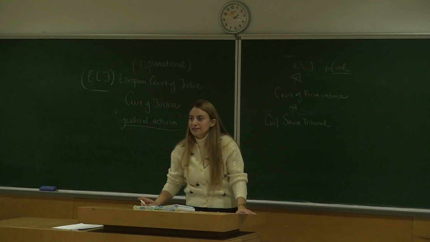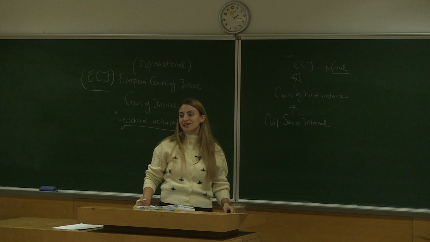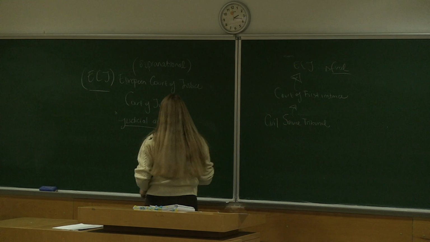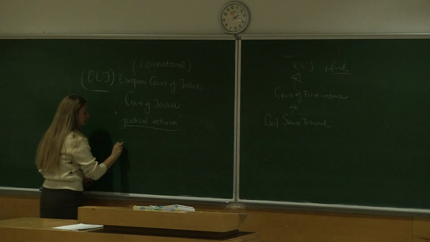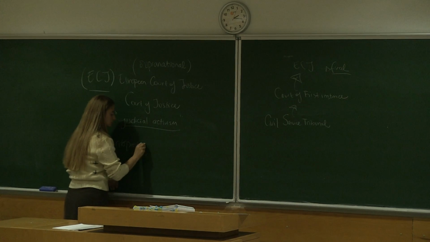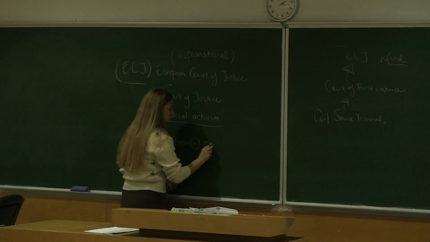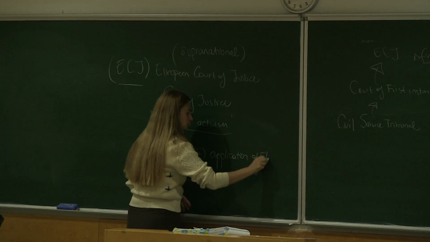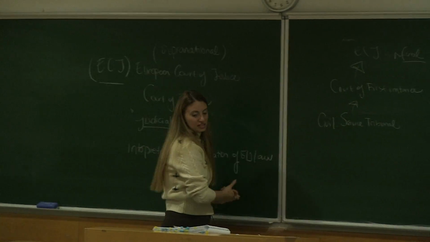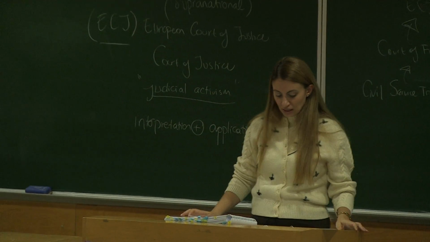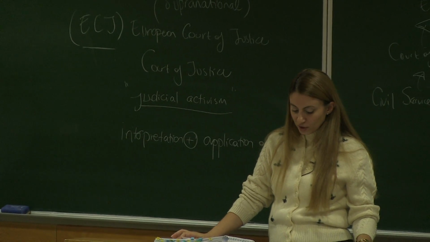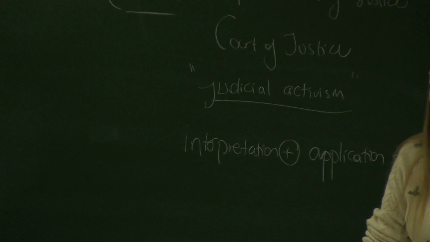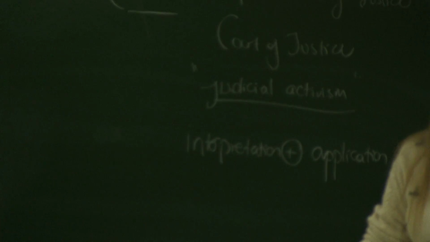It's quite critical that there is a uniform application and interpretation of the EU law, which means two basic roles: interpretation and application of the EU law. It also provides a forum for resolving disputes between the institutions, between the member states, and also between individuals.